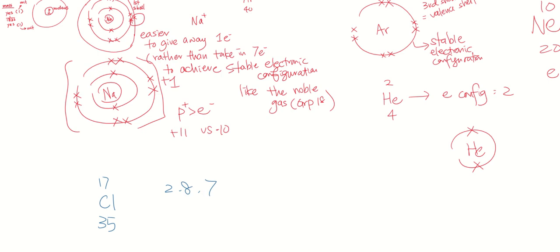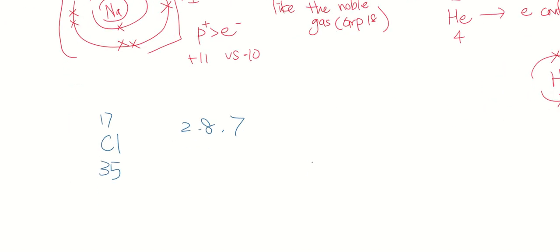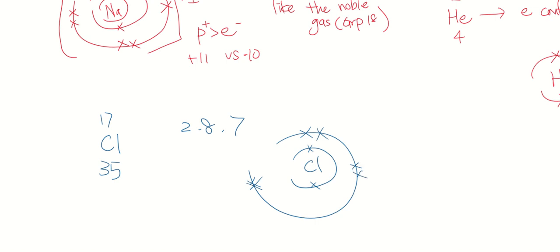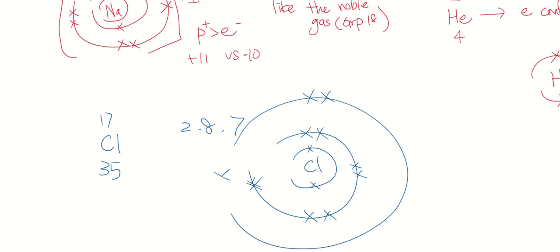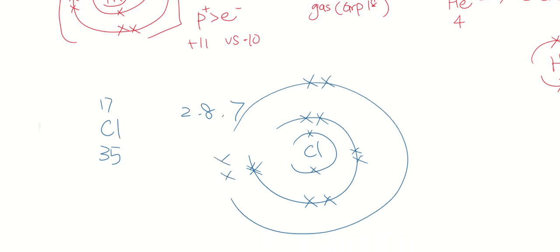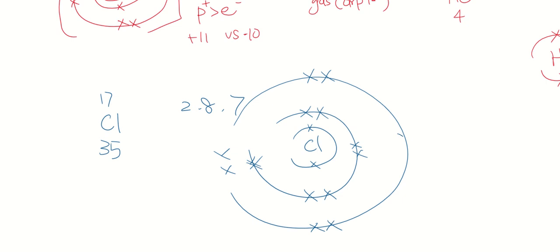2, 8, 7. Yes, 2, 8, 7. That means my outermost shell has 1, 2, 3, 4, 5, 6, 7.